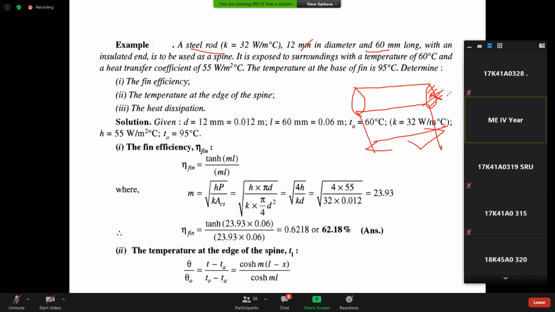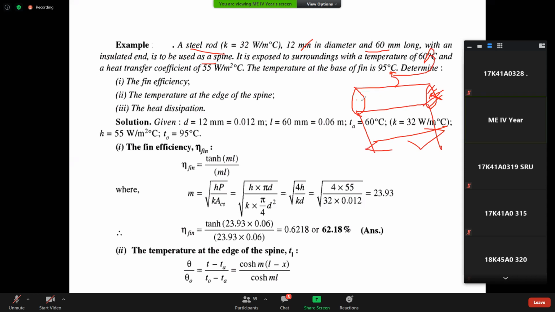Clearly as given, the end is insulated. That is a short fin, right? It is to be used as some spine or whatever application it could be. It is exposed to surroundings at 60 degrees centigrade.